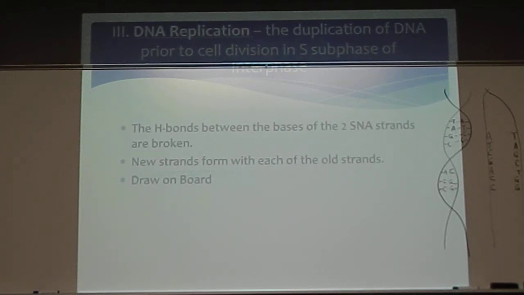All right? And so what it does during the S subphase is it just starts matching bases. It has nucleotides right at its disposal where it can get to them.